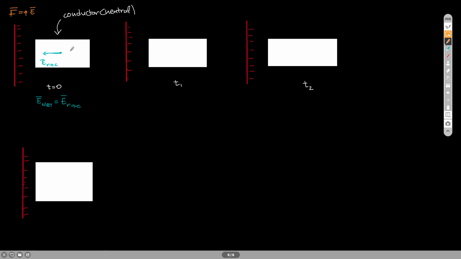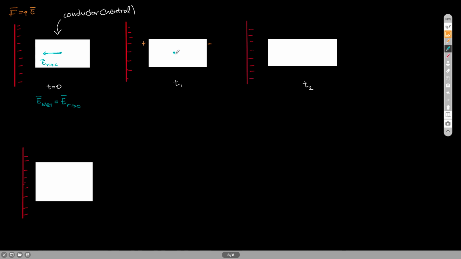So a little bit after t equals 0, my mobile electrons are going to start moving to the right. And they will keep moving until they encounter the surface, the boundary of the object, and they're going to stop there. So let's say at t1, I now have one mobile electron that has left a positively charged atomic core on the other side, and I have one minus sign, one plus sign. Only one, because I have not waited long enough.